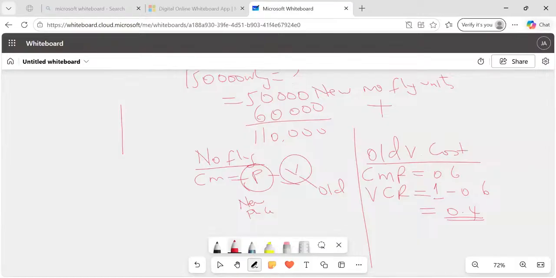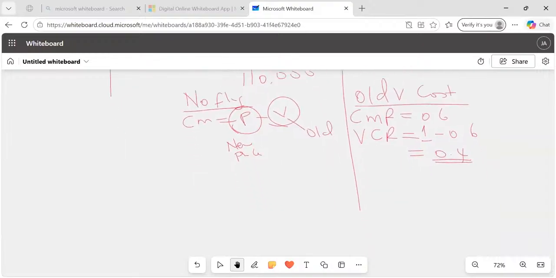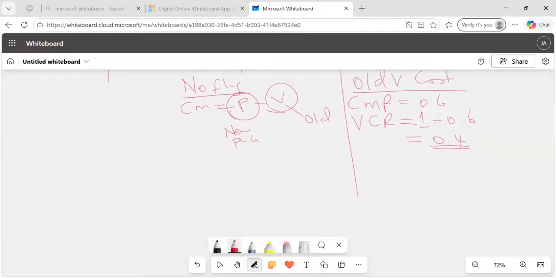Now, ladies and gentlemen, once I have this, I know how to convert VCR to VC. To get VC, I will take the VCR, 0.4, times price. And which price are we using?